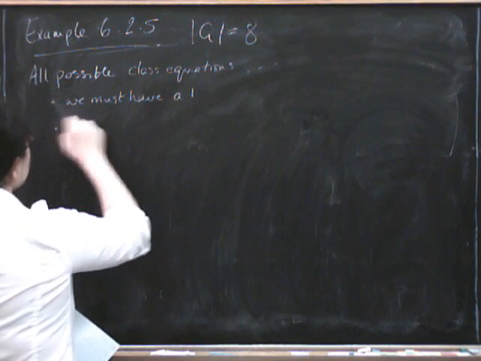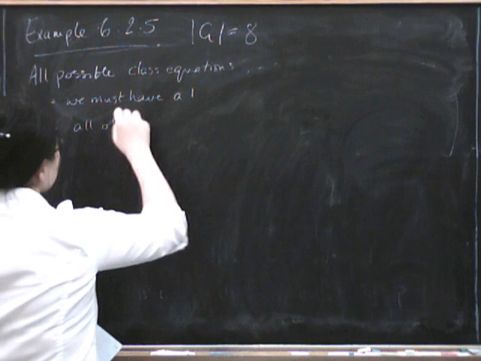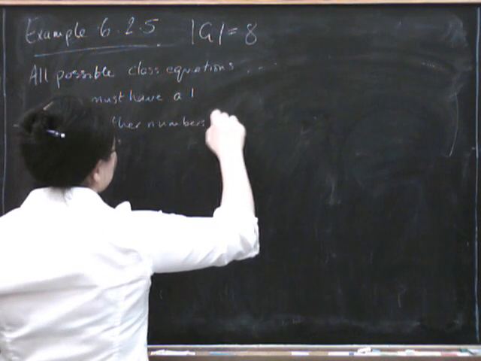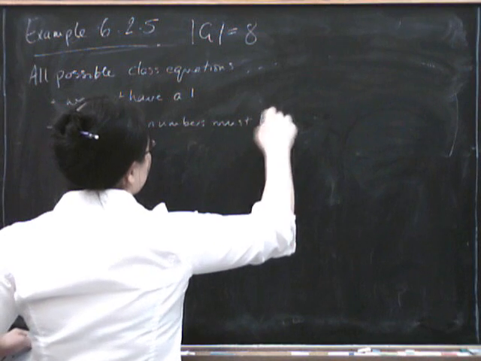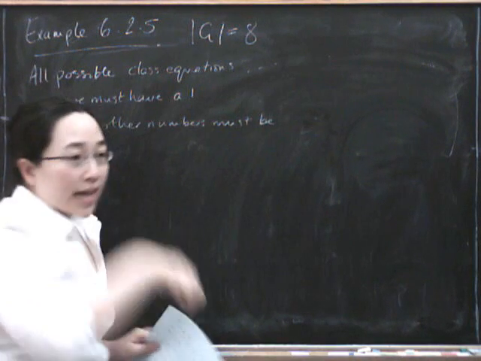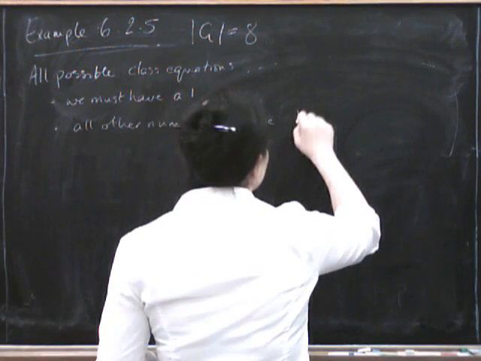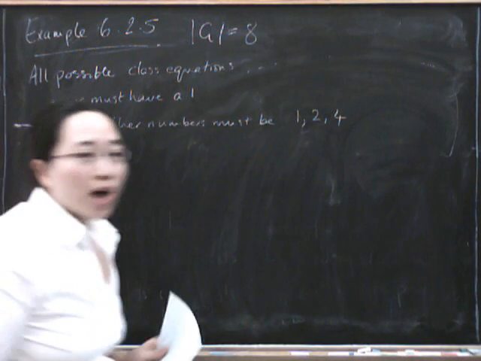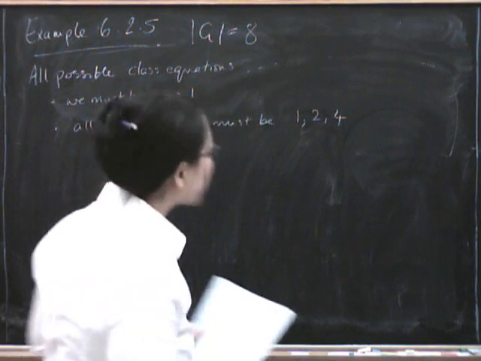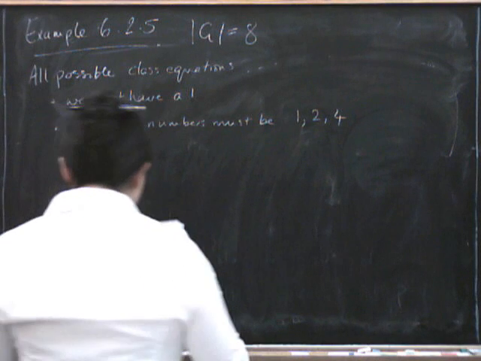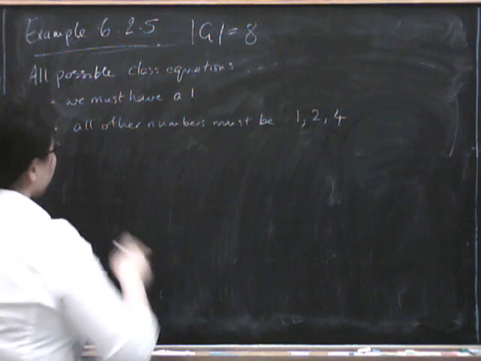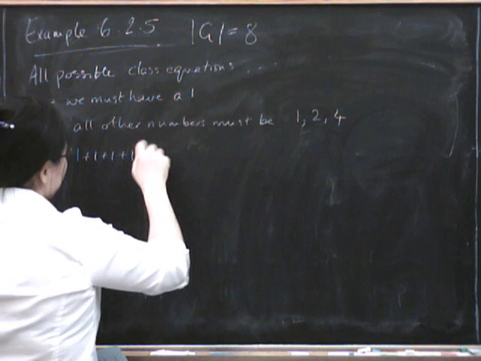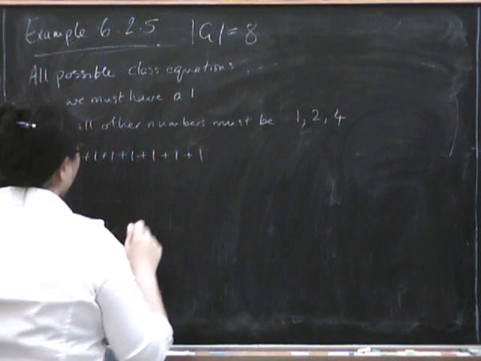And all the other numbers must divide 8, so there can only be 1, 2, or 4. We can't have 8 because once we've had 1, 1, there's only 7 elements left over to play around with, so we can't have an 8, right? So what are all the possibilities? There's 1 plus 1 plus 1 plus 1 plus 1 plus 1 plus 1.